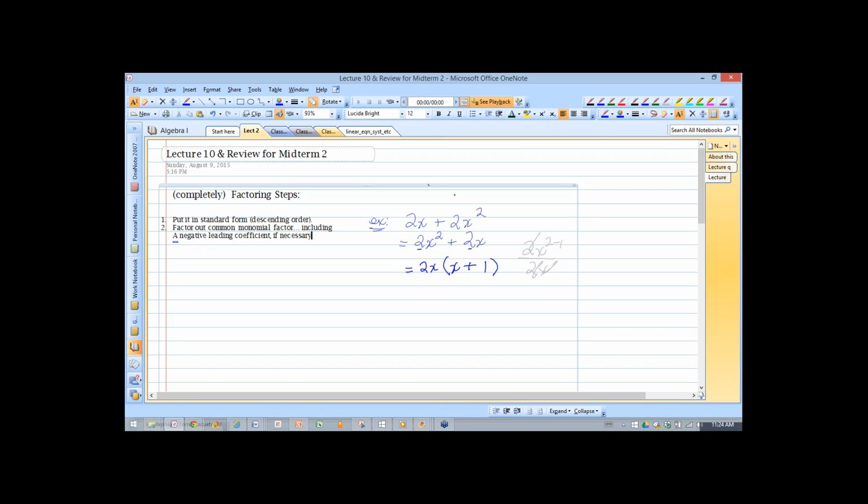The reason I'm putting if necessary is this. When you go to factor a trinomial, that's with the x squared plus something x plus a constant, we want to have a leading coefficient. The front of that coefficient should be positive. Oftentimes you'll see this, okay?